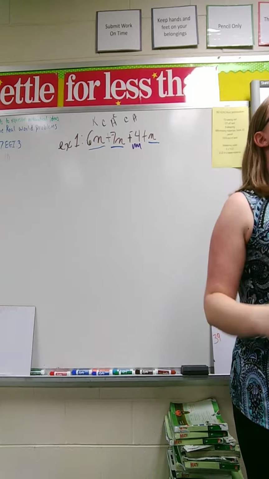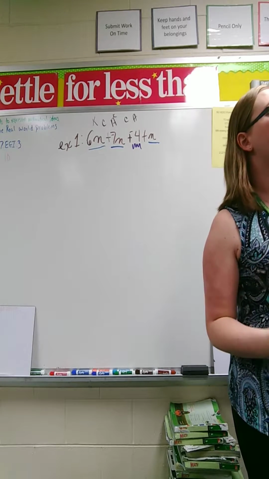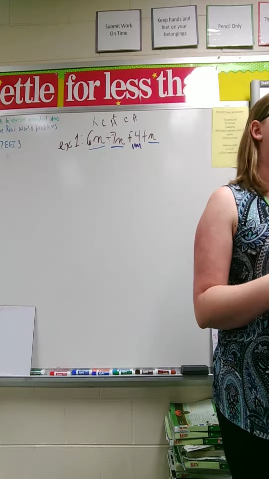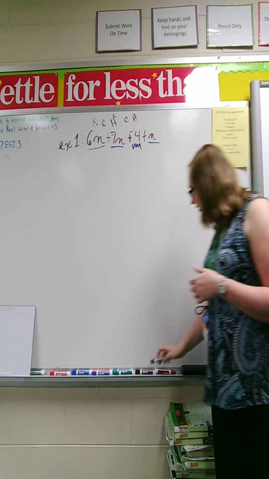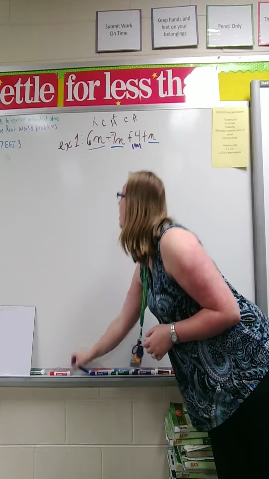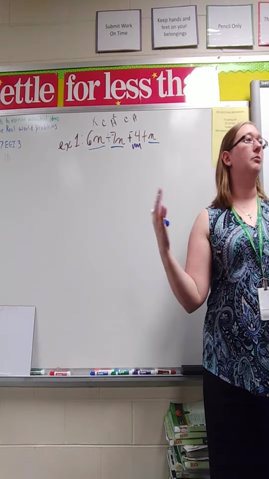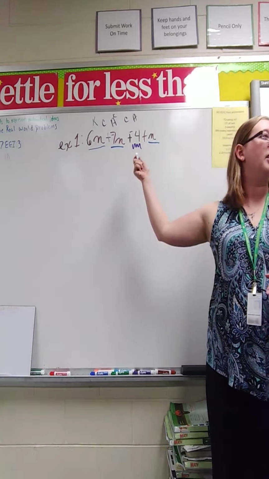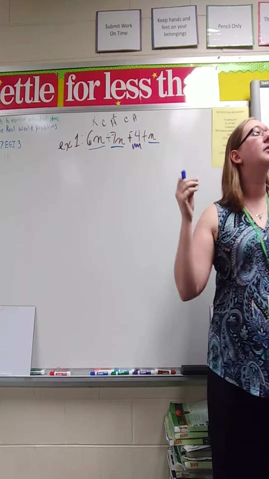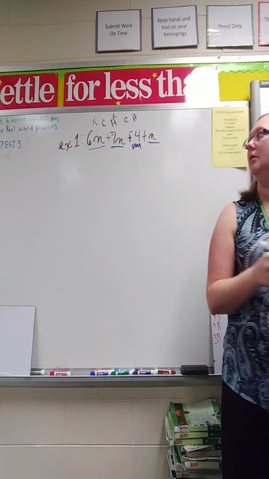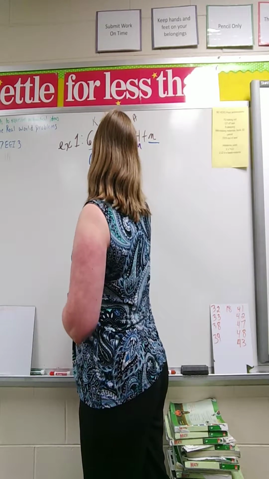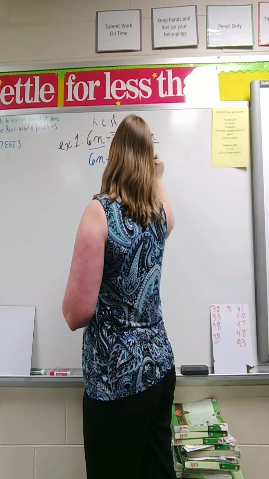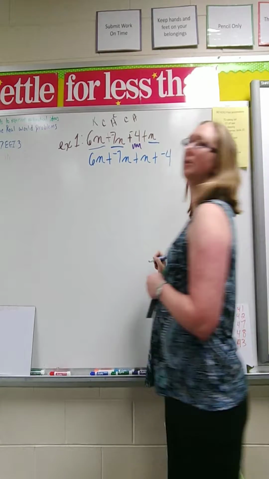I cannot combine my 4 with my n's. So I'm going to use my commutative property, which says I can rewrite this problem however I want because I have all addition, to put my like terms together. That gives me 6n plus negative 7n plus n plus negative 4.